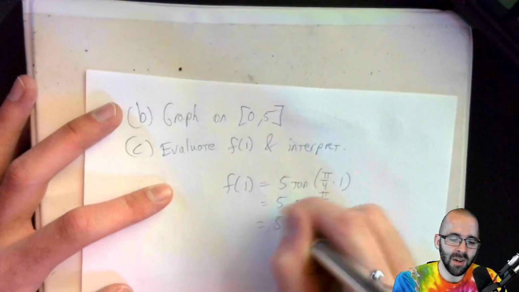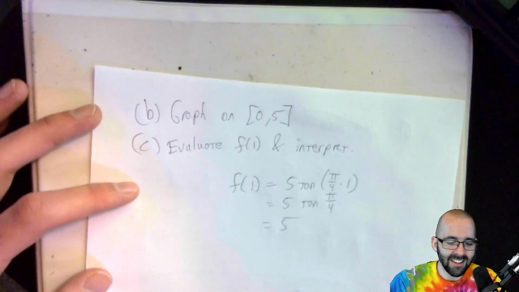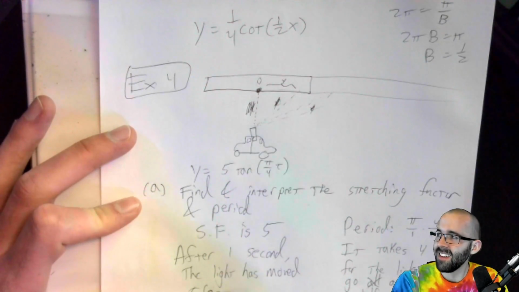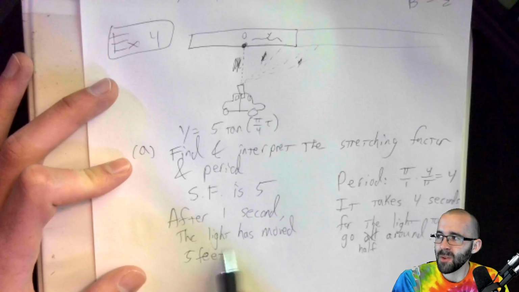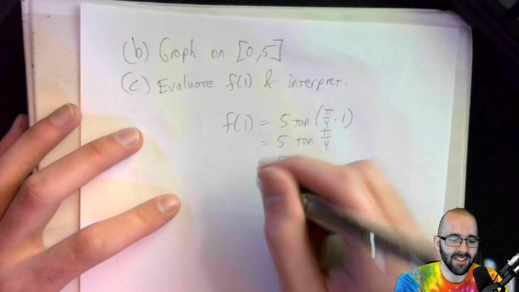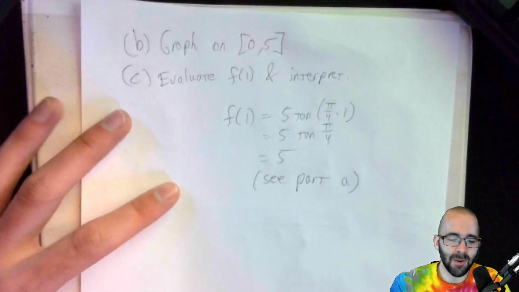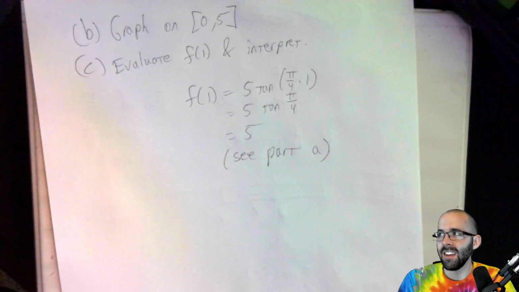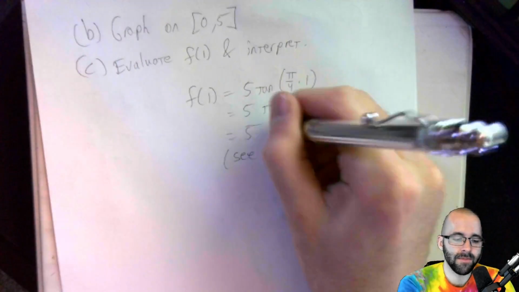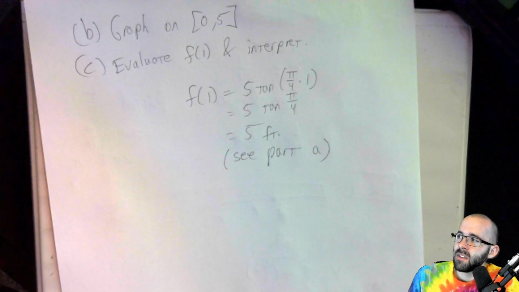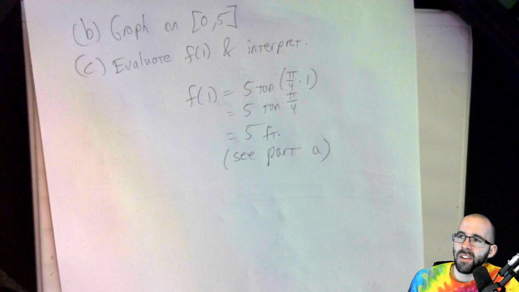Tangent of pi over 4 is 1, so it's 5. And again, part C is exactly the same answer as part A over here. After 1 second, the light moved 5 feet, so see part A. Feel free to do this on your quiz or your homework if that happens. All right, after 1 second, we're 5 feet away from the spot directly across the car on the wall.